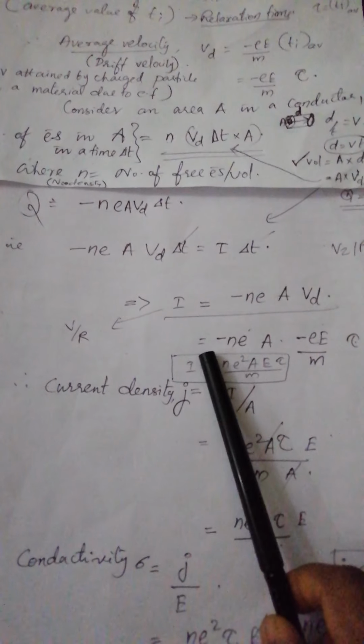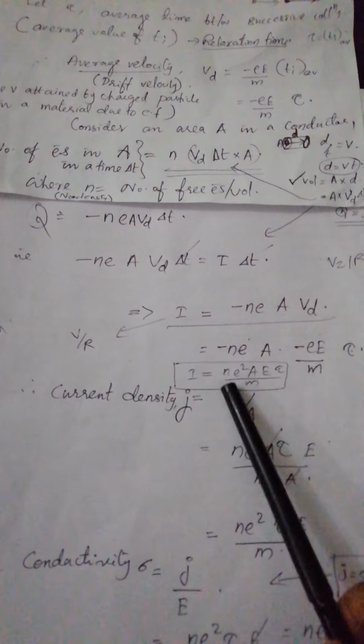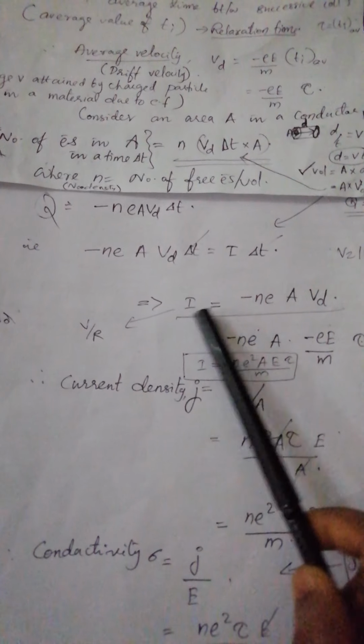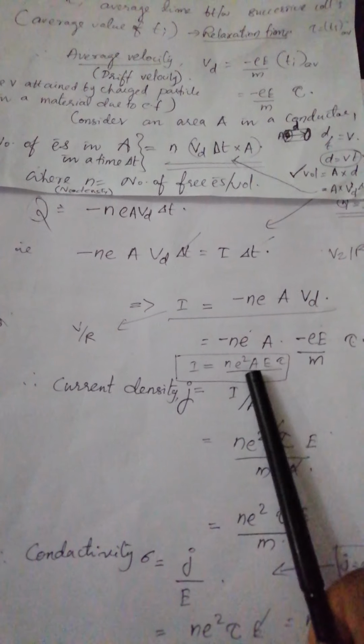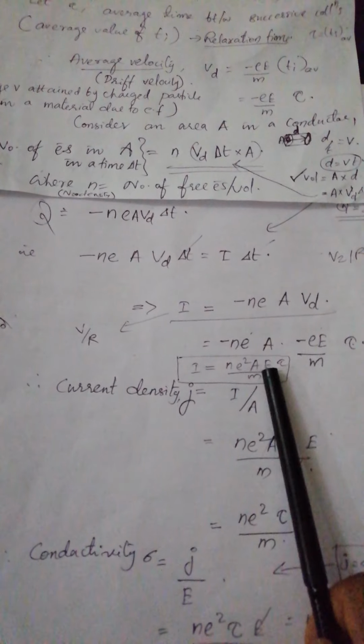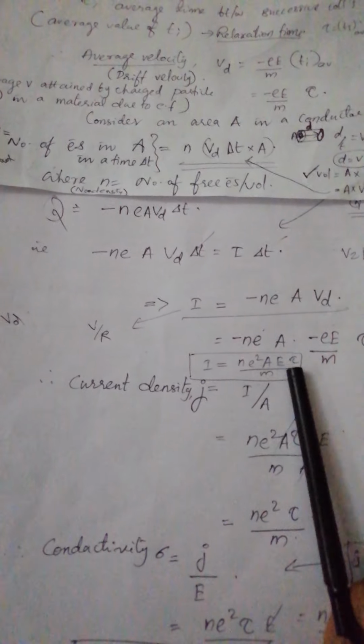This is the equation for current flowing through a conductor. Both are same. Either you can say minus NeAVd, or for problem solving this may be used: N e square A E tau divided by m.